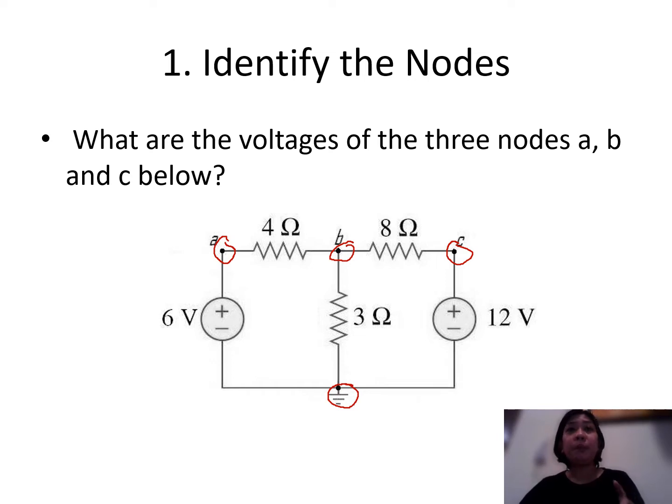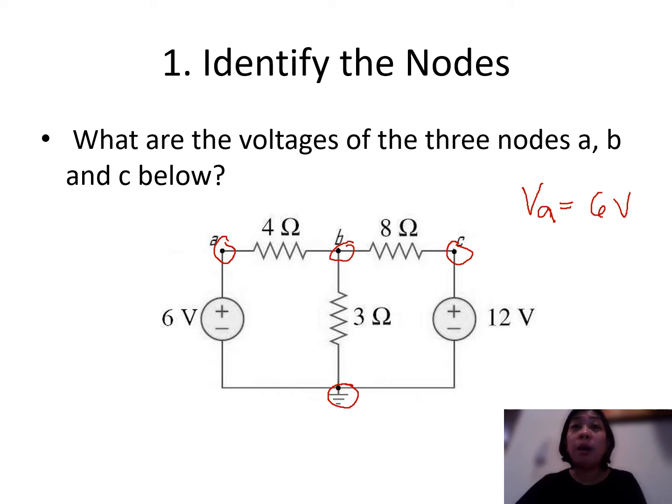How are we going to determine the voltages of each node? As you can see, node A here is directly connected to our 6 volts source, with respect to our reference node. So this is very easy to analyze. Let us call the node A voltage VA, equal to 6 volts.